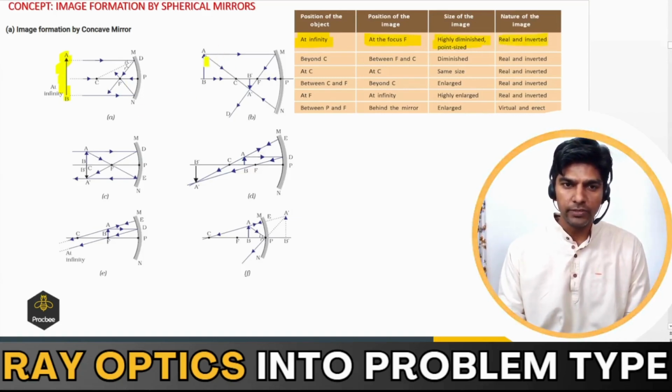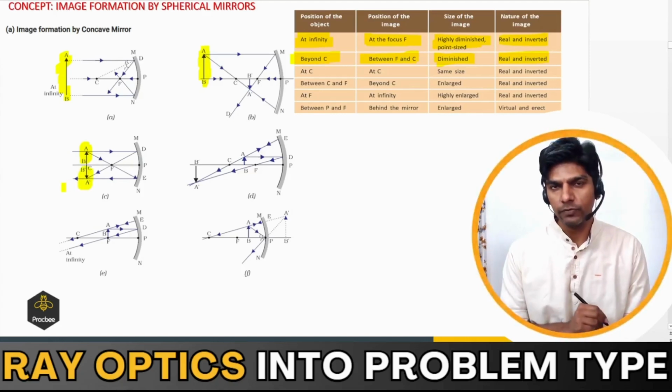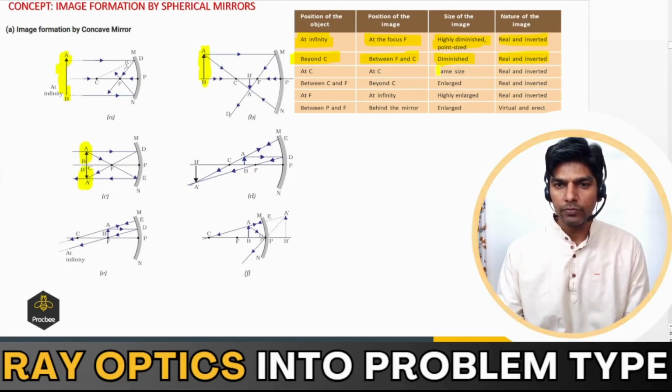Now if the object is placed beyond the center of curvature, then the image will be formed between the center of curvature and the focus, and it will be diminished, again a real and inverted image. And if the object is placed at the center of curvature, then the image is formed at the center of curvature only, and it will be of the same size, and it will be real and inverted, right?